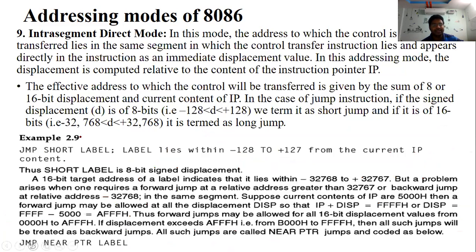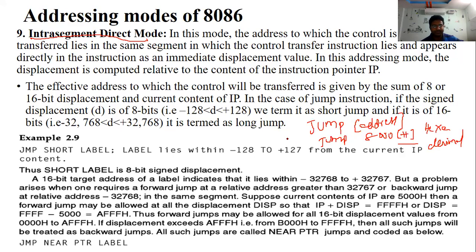Jump instruction itself represents an address, like JUMP 8000H. Whenever you write H, that means hexadecimal. Microprocessors work on hexadecimal.